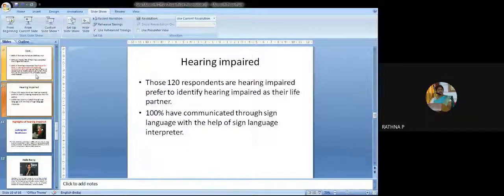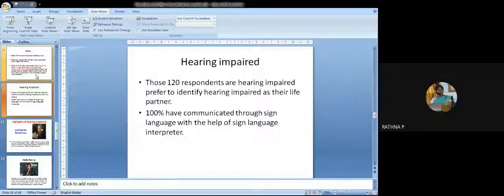Among these 120 hearing impaired respondents, they prefer to have a hearing impaired person as their life partner. They don't want their spouse to be a non-hearing impaired person, someone with another disability, or a non-disabled person, because of the fear of handling things in the life cycle.